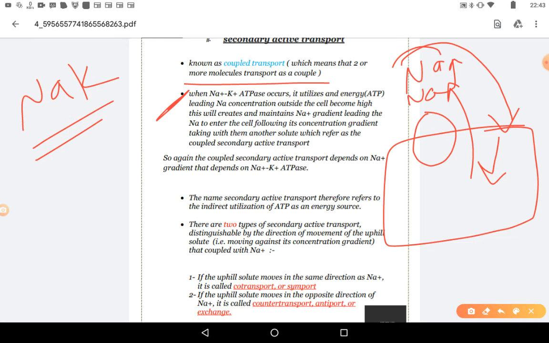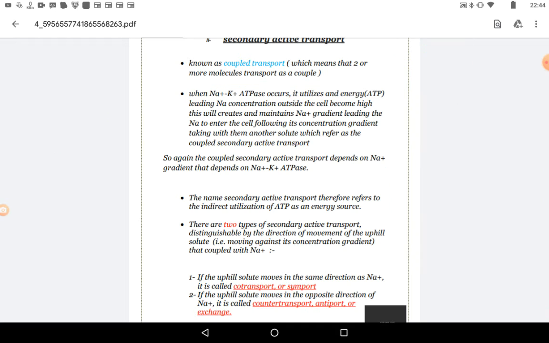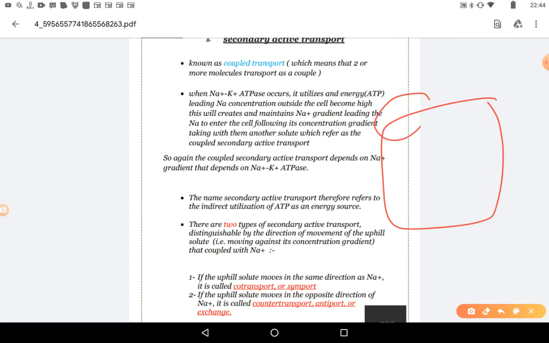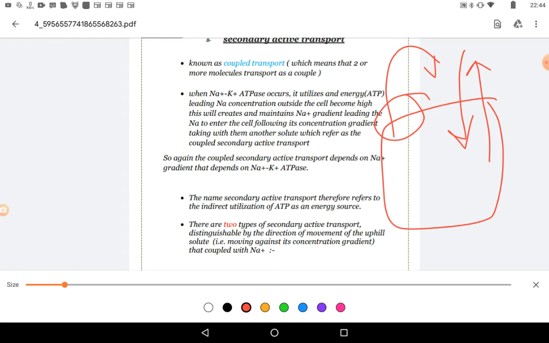Entering the sodium inside the cell will be coupled and take with it another solute, either in the same direction, which is called symport, or in the opposite direction, called counter transport or exchange. So again, the coupled secondary transport mechanism depends on the sodium gradient, which depends on the sodium potassium ATPase pump.